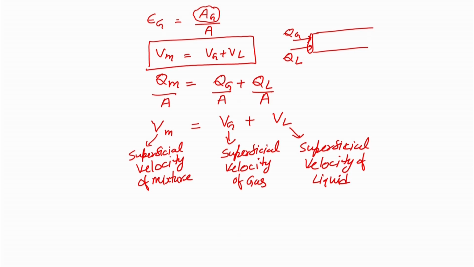Now, if you write the momentum equation for the homogeneous model, I will first write dp by dx equal to minus, in terms of, now I am writing first for the two phases individually, and both are flowing together. So, I will reduce the terms later. This is the single term we have written for single phase. Now, I will write the two terms and then we will try to combine them.